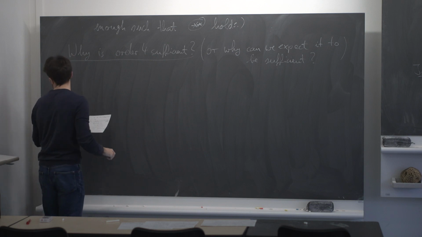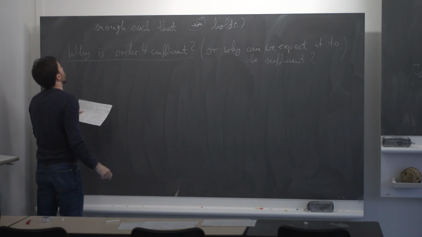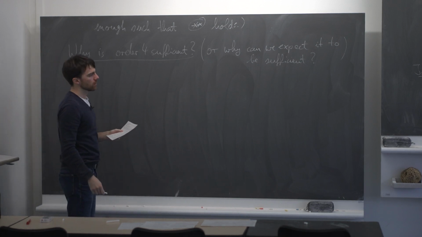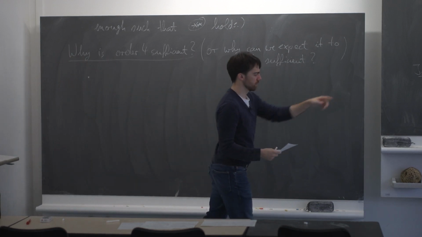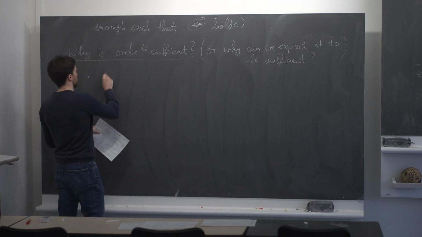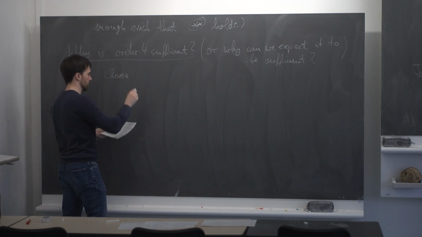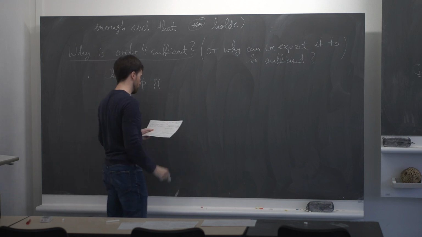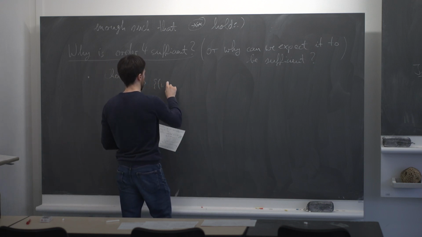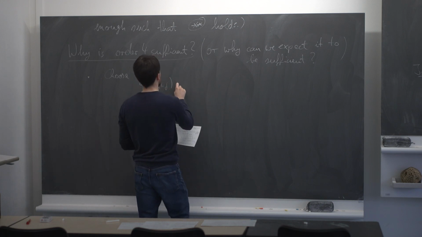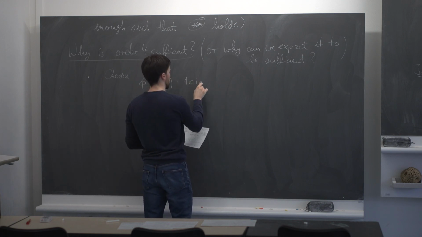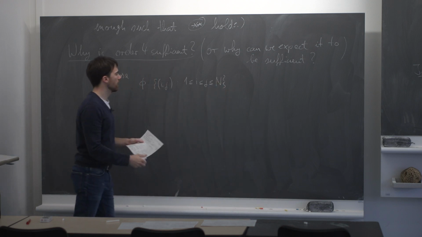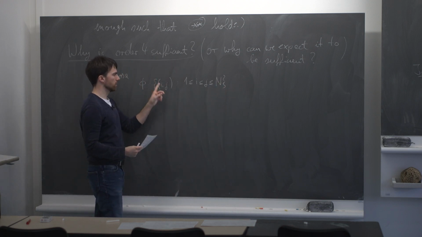As before, I now want to replace entries of H by entries of H prime one by one, and the most convenient way to do that is to choose a bijection from the set of indices i and j. I have a Hermitian matrix, so I only need to care about the upper triangle.